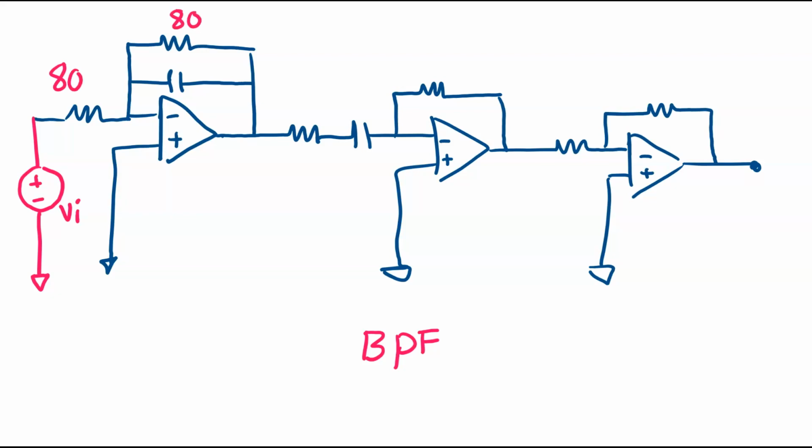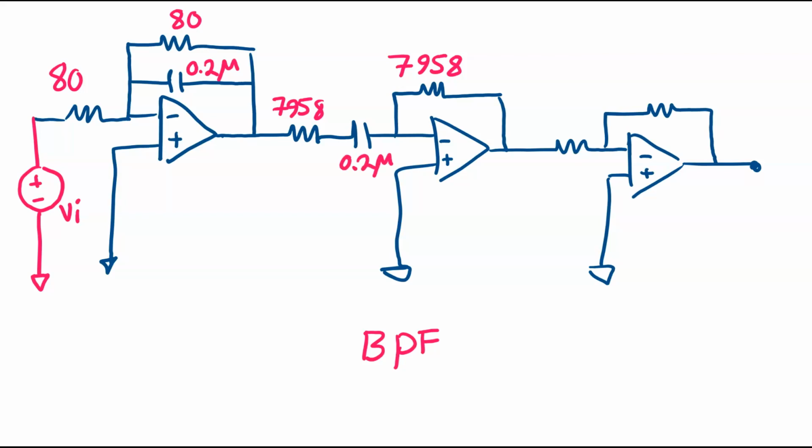The high pass filter circuit has a resistance equal to 7,958. So for both resistors, I have to use the same value in order to have a gain equal to 1. And then my capacitor values are supposed to be 0.2 micro. So same here.